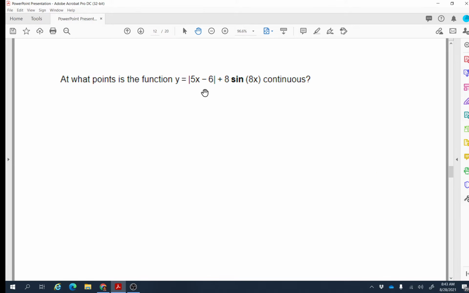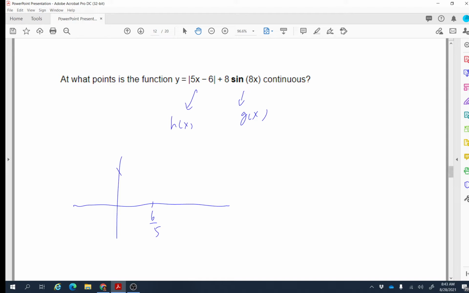Similarly, this is another example. This is a combination of two different functions. Absolute value of 5x minus 6. Let's say this is h of x, this is g of x. We try to plot the graph of h of x. At x equals 6 over 5, the value would be 0.